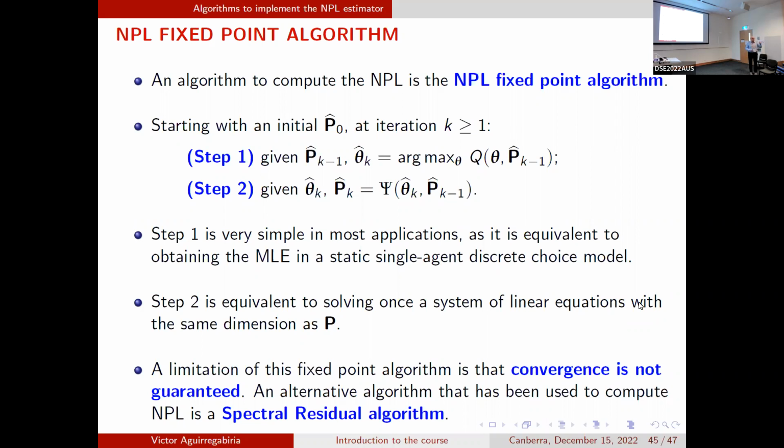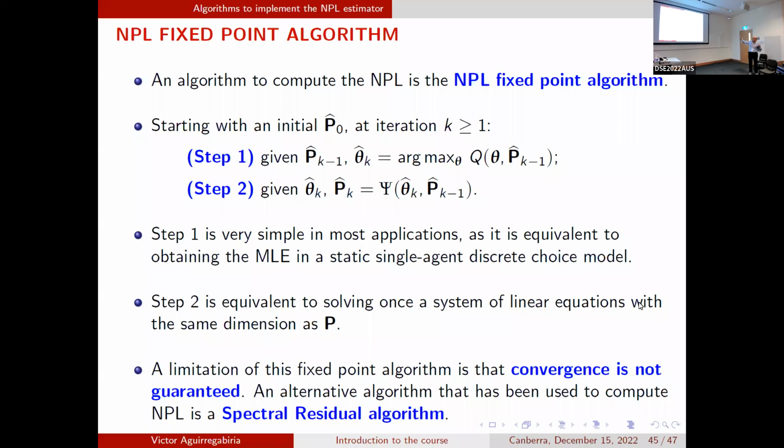The main computational cost comes from, given a P, calculating these Z tildes and E tildes before we do the maximum likelihood estimation. It comes from this, let me say, one step of the policy iteration mapping.